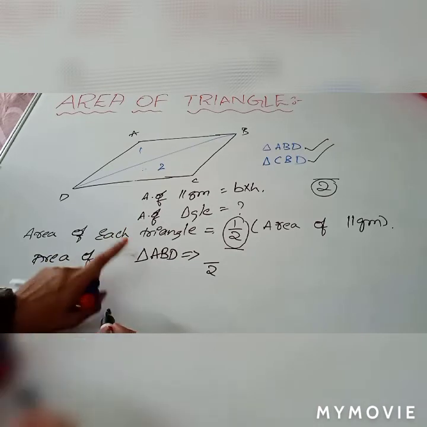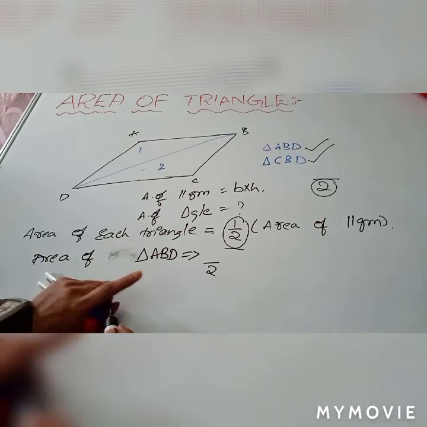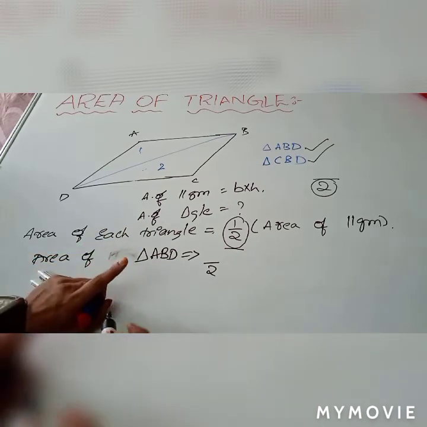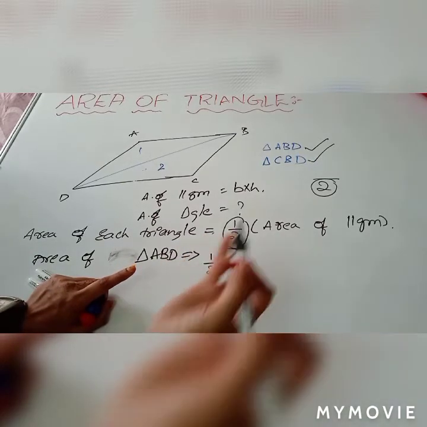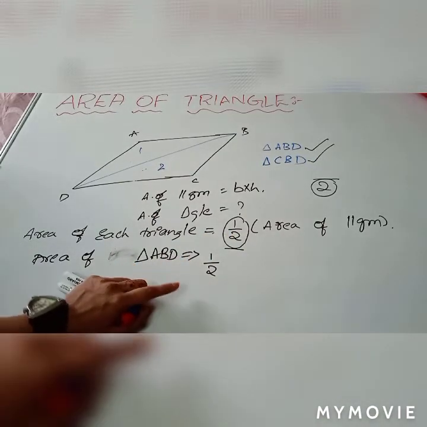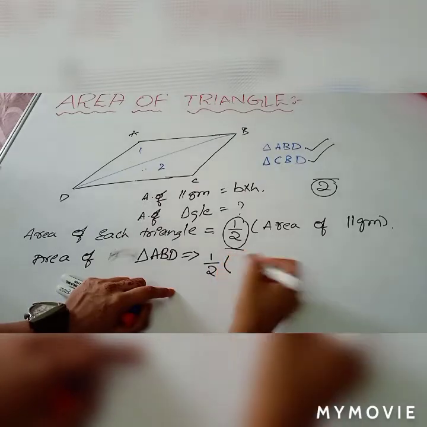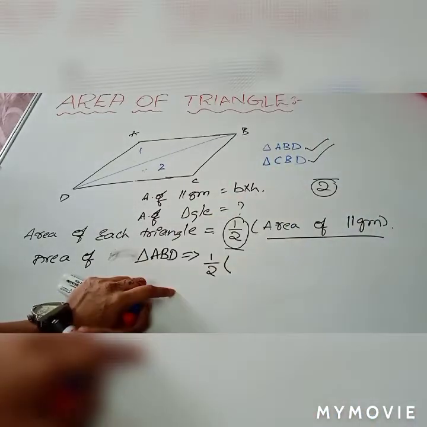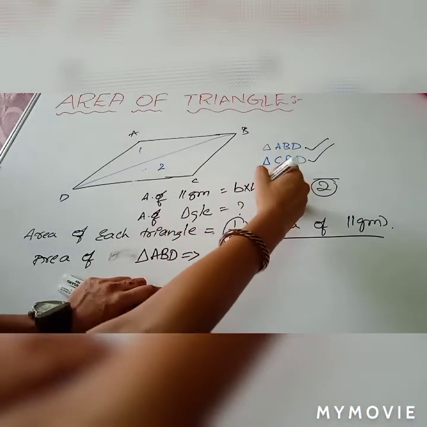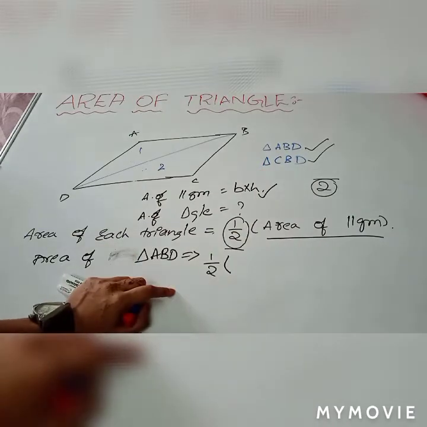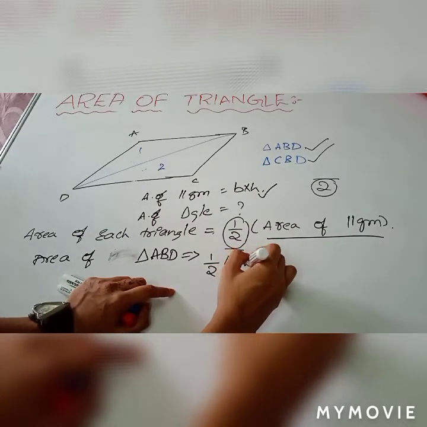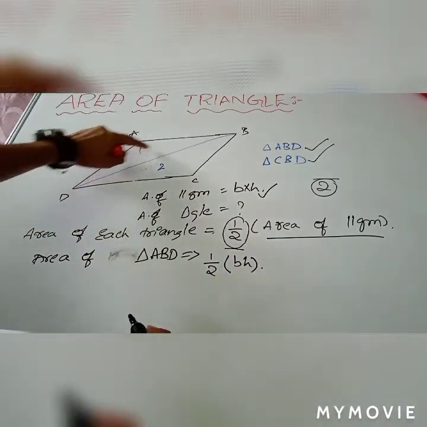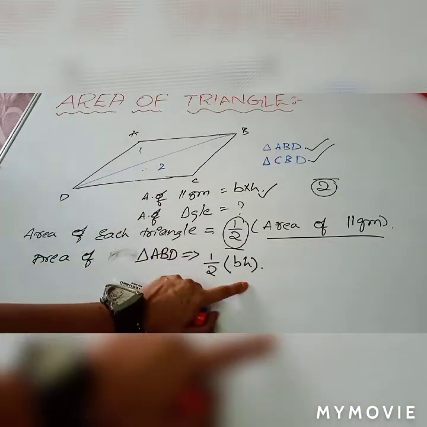Yes, we are finding only area of one triangle here. First step is we need to find the area of one triangle. So we will write numerator as 1. 1 by 2 into, we already know the area of parallelogram formula. What is area of parallelogram? Base into h. Yes. So area of triangle ABD is half into BH.